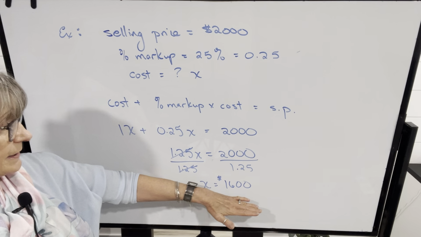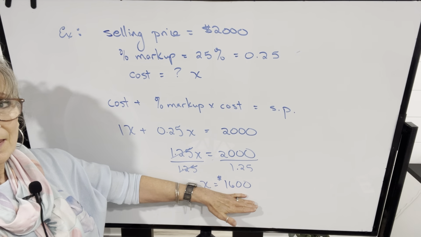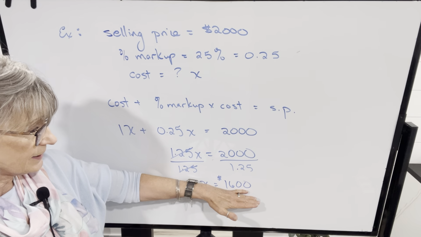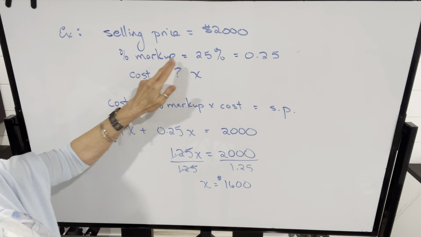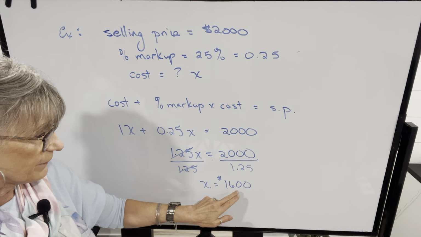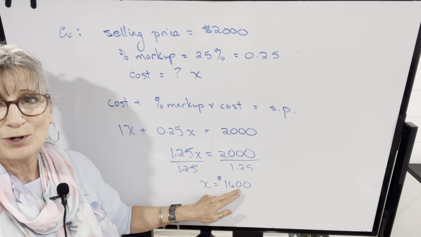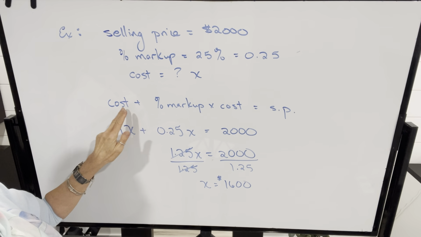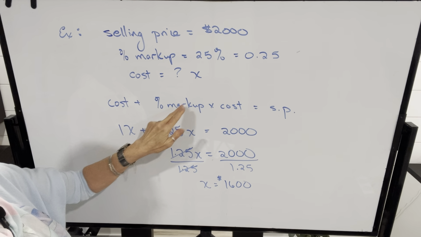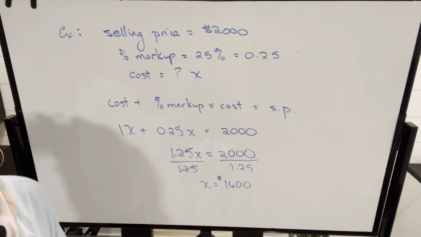So our cost is 1,600. Let's do a check. If our cost is 1,600 and our percent markup is 25%, 25% of 1,600 is 400. If we add 1,600 plus 400, we get our selling price of 2,000.